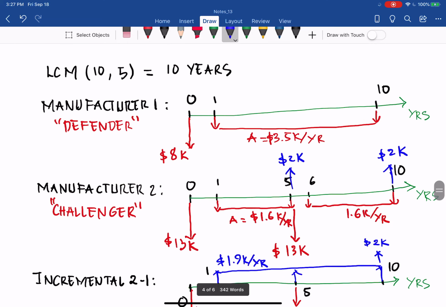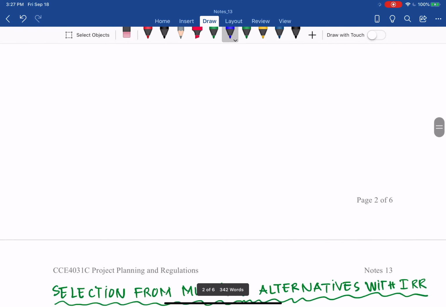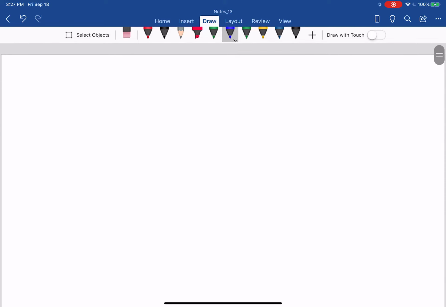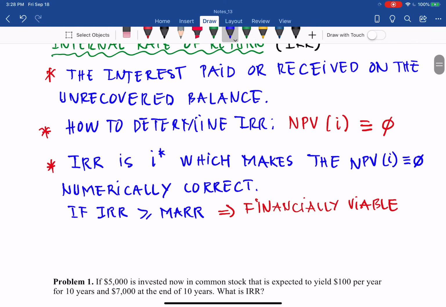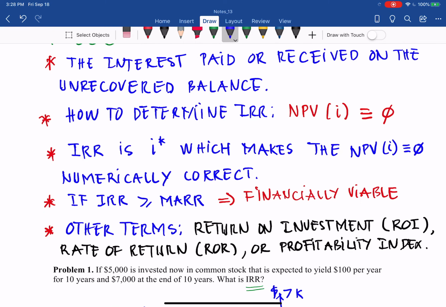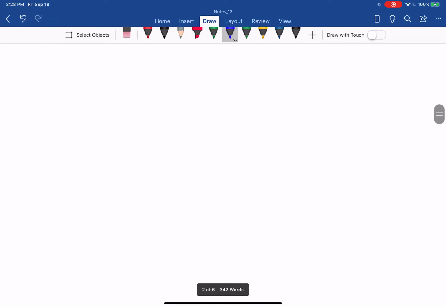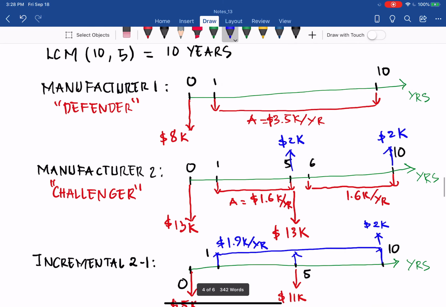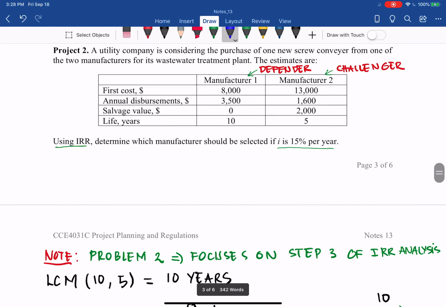And we have to compare with MARR. With the IRR, you go back to the first lesson video. IRR greater than MARR, financially viable. What is MARR in this problem? Go down to this problem. The MARR is 15%.